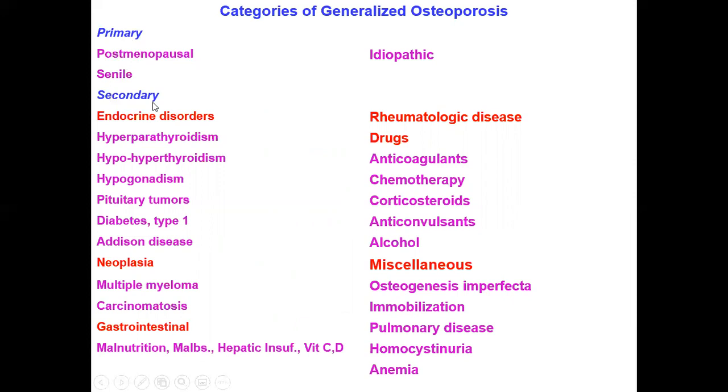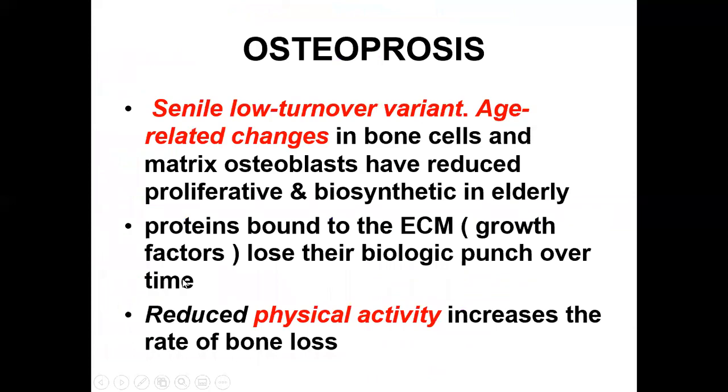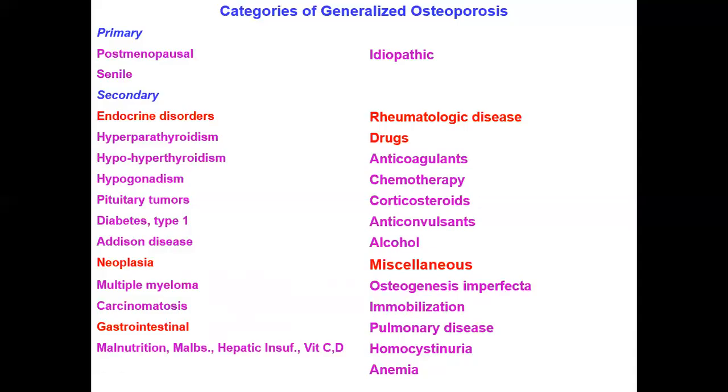And then secondary, due to other disorders, for example, endocrine disorders: hyperparathyroidism, hyperthyroidism, hypogonadism, pituitary tumors, diabetes type 1, Addison's disease; then neoplasia, for example, multiple myeloma, carcinomatosis; then gastrointestinal: malnutrition, malabsorption, hepatic insufficiency, vitamin C and D deficiency.